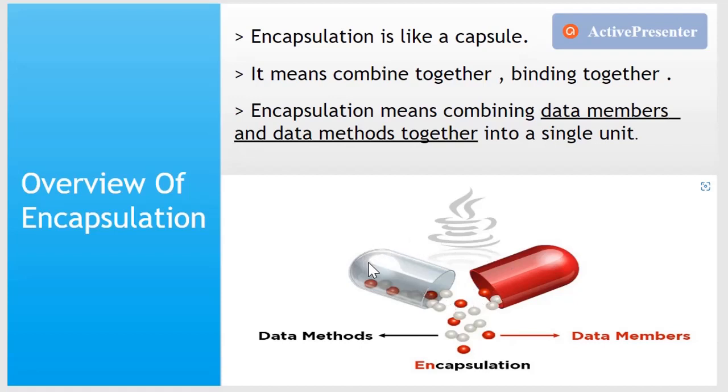Encapsulation means, from a programming point of view, combining data members and data methods together into a single unit. That unit is a class. You can see data methods and data members encapsulated, meaning combined together inside a class, that is a capsule.